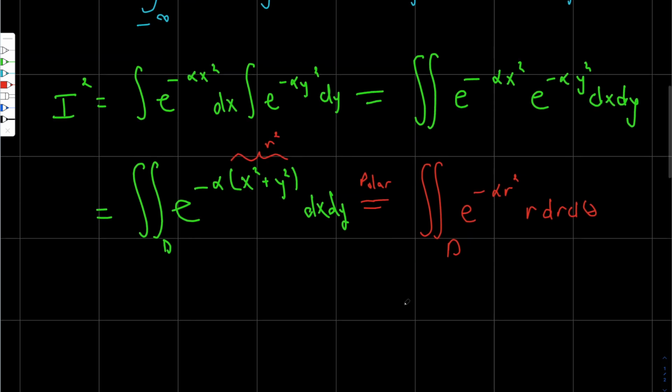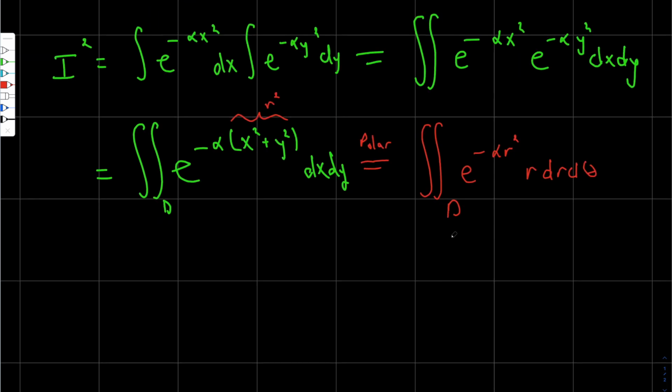Now let's see, okay, what are we integrating over now? Is the domain the same? Well, now we have to think about what the xy coordinate system looks like compared to the polar coordinate system. So this is polar in red, and this is xy in green. To describe a point in Cartesian coordinates, I just say some point x naught, y naught.